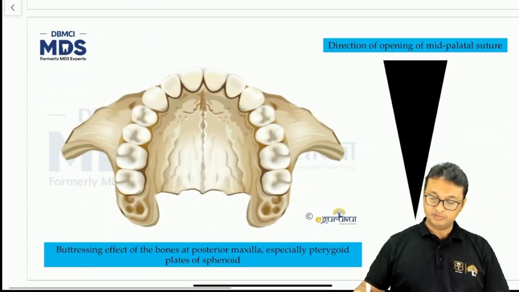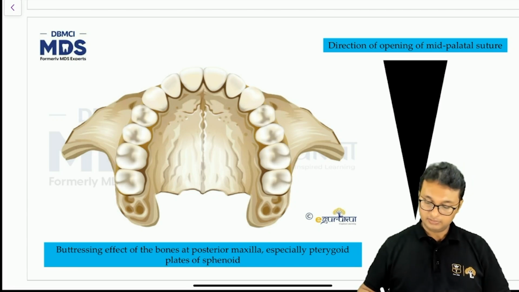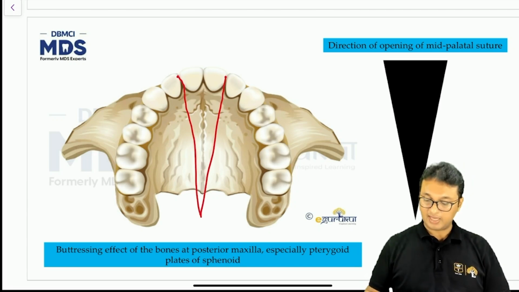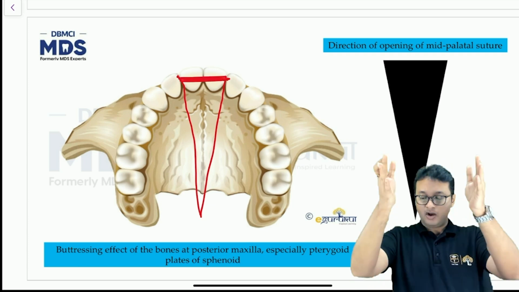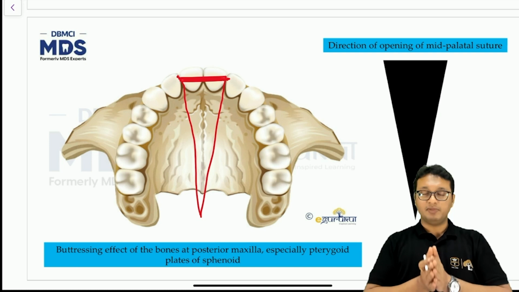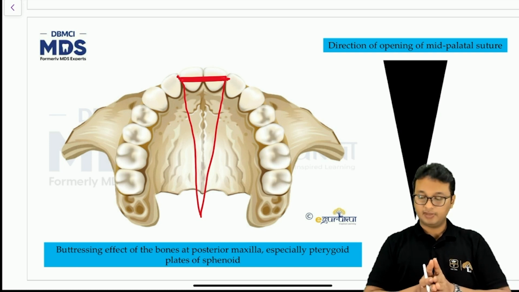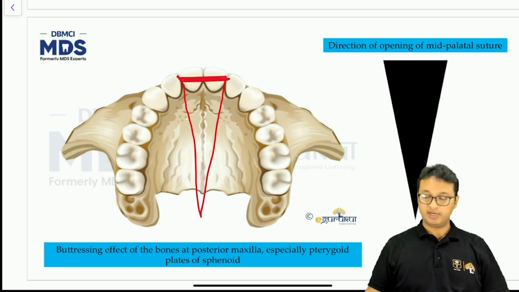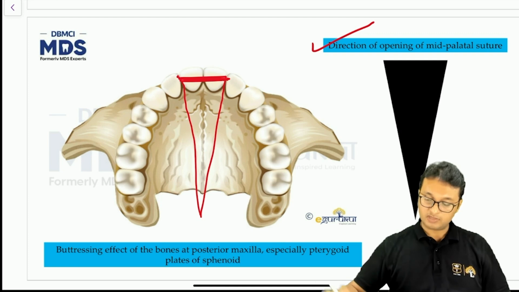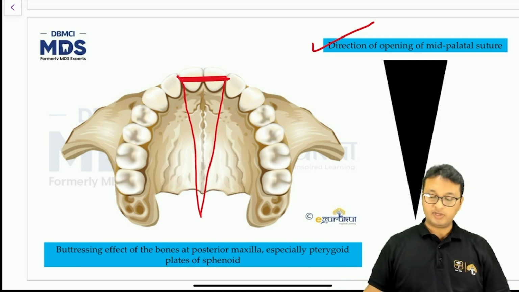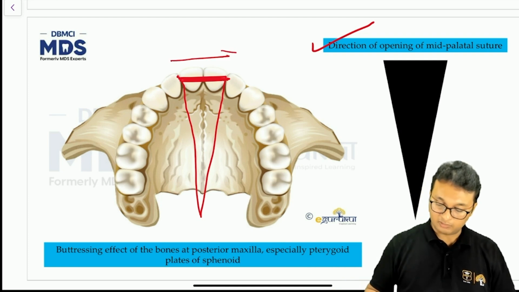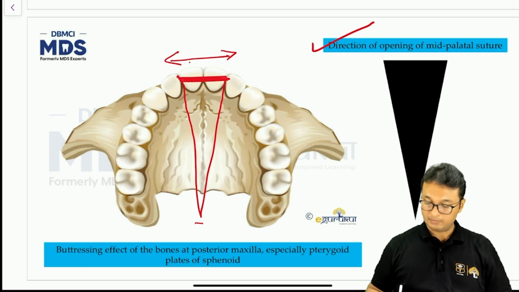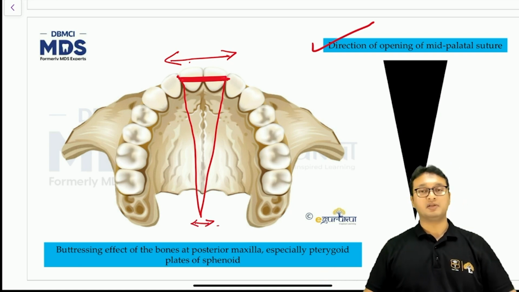Similarly, in the axial view, when we place an RME appliance in the middle of the palate, this is how the mid-palatine suture opens up. So we have an inverted triangle. So this is the direction of opening of the mid-palatal suture, where you will see maximum opening around the incisor region and minimum opening around the posterior part of the maxilla.